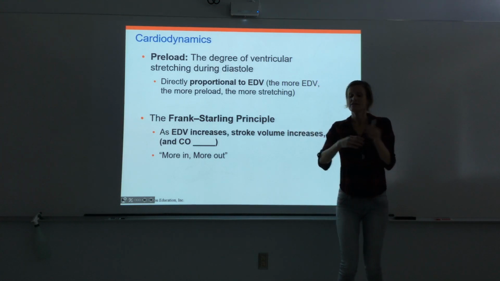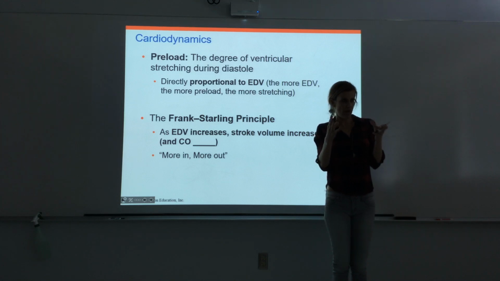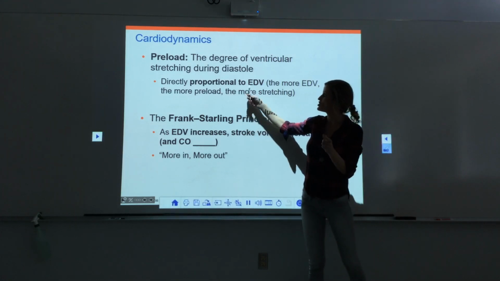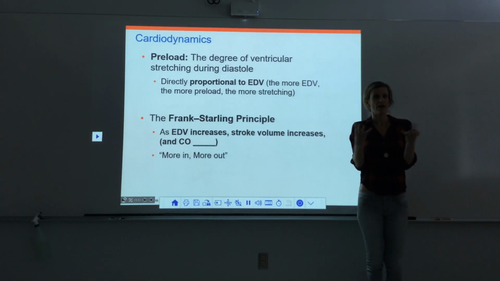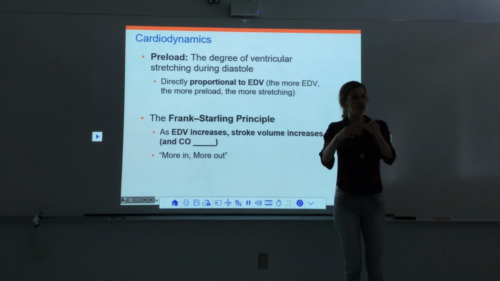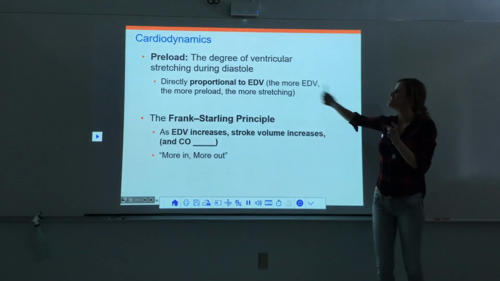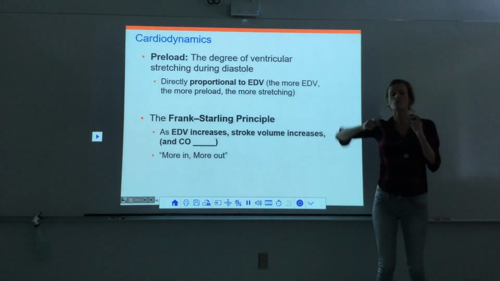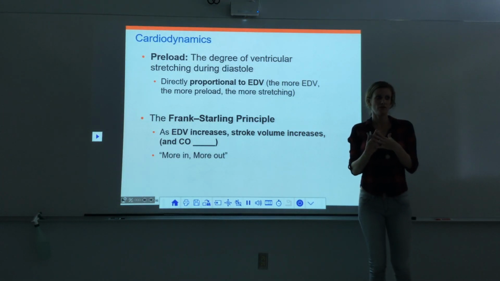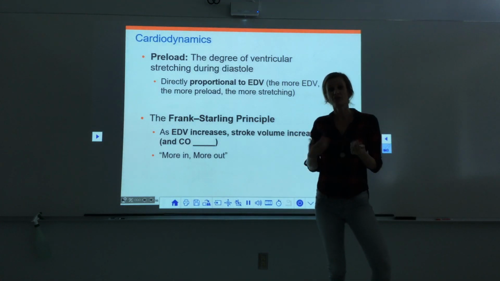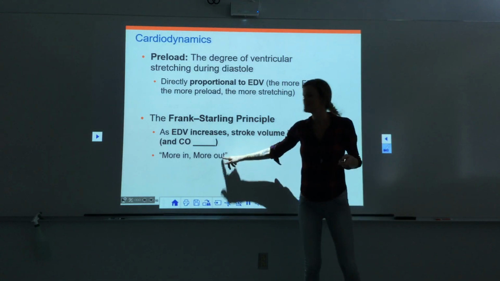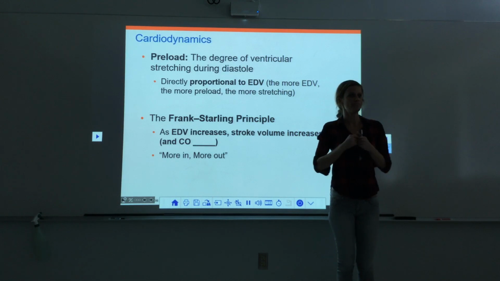The theory here is that the amount of stretch that you have is going to be proportional to its volume, right? That makes sense. The more volume you put in, the more stretch you put in, right? The more the preload is, and they say that the more the preload is, the more your stroke volume is going to be. This is called the Frank-Starling principle. And the easiest way to say this is more in, more out.